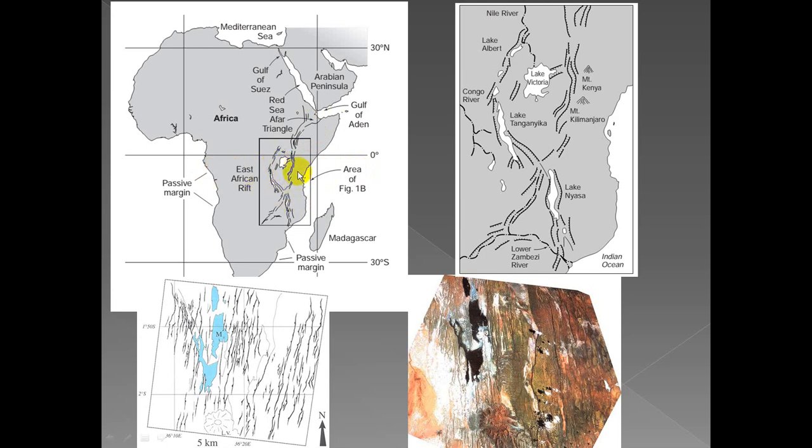Some lakes developed in these subsided parts of Africa, like Lake Victoria, Lake Tanganyika, Lake Nyassa, Lake Albert, and so on. These lakes developed due to extension, some areas subsided, and lakes developed on these lowlands.